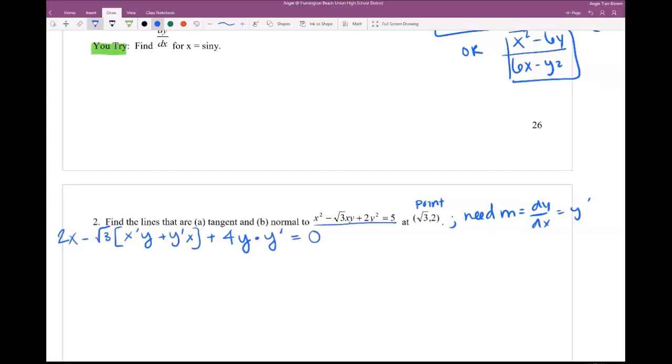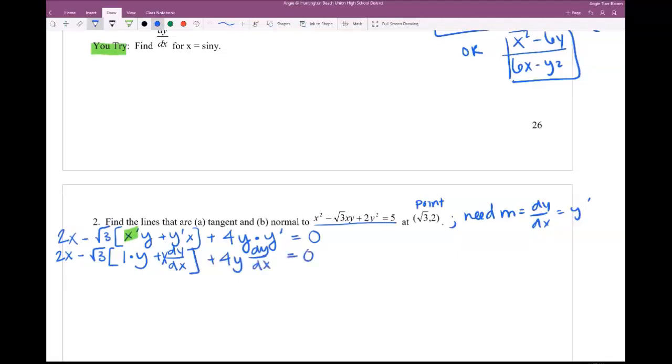So from here, I will try to see if I can combine or distribute anything, okay? X prime is 1. So now it's negative rad 3 times 1 times y plus y prime. I'm going to change that to dy/dx, okay, and put x in the front. Plus 4y, change y prime to dy/dx again, because it's the same thing.